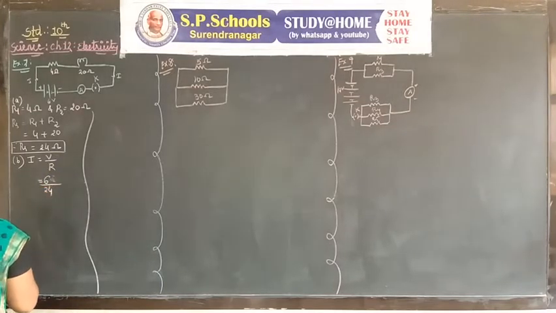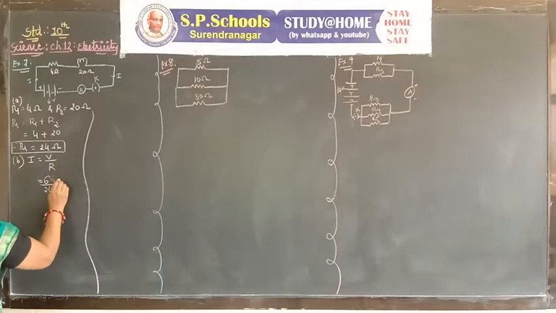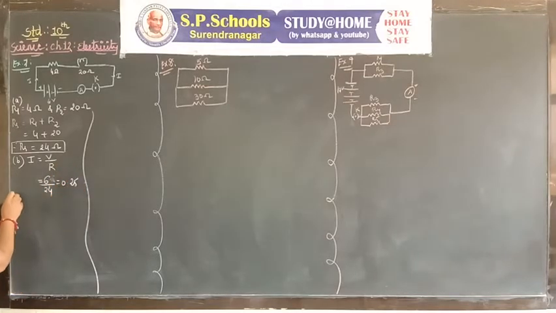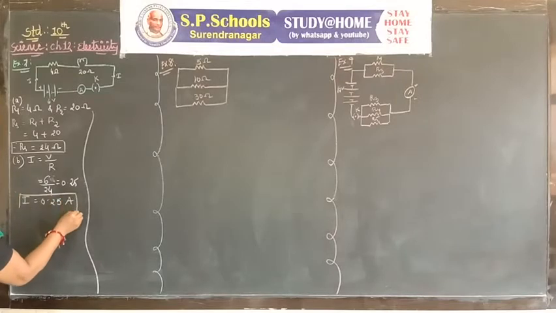If we divide 6 by 24, we get 0.25. So the current is 0.25.